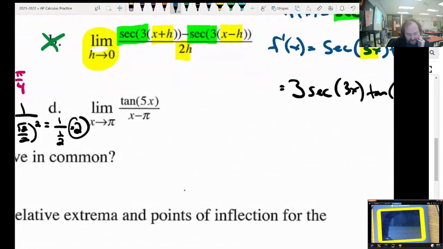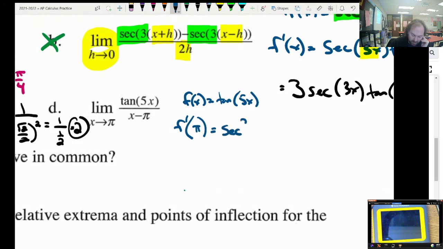And then this one is kind of the same thing. They're asking for us to recognize that the original function, f of x, is the tangent of 5x, and that we're looking for f prime of pi, in this case, which would be secant squared of 5 pi times 5. Because of the chain rule, we need that times 5 out there.